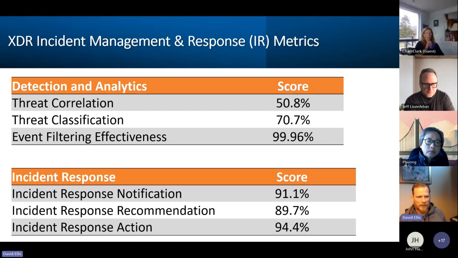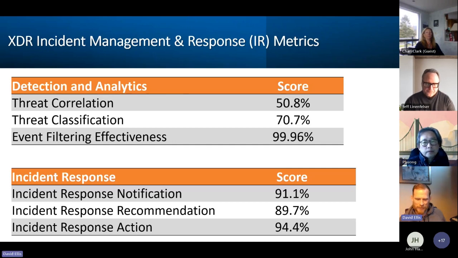So we're seeing the solutions are fairly effective at filtering out a lot of the noise, although there is some opportunity for the solutions that we looked at to improve in terms of how they map back to some of the other frameworks, or even the critical nature of those threats.